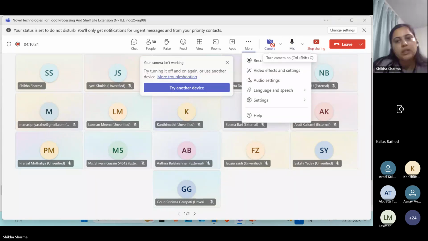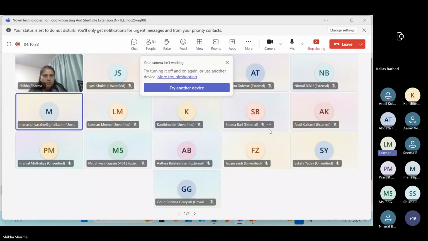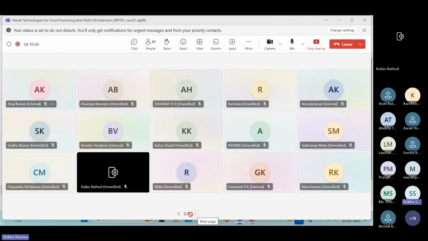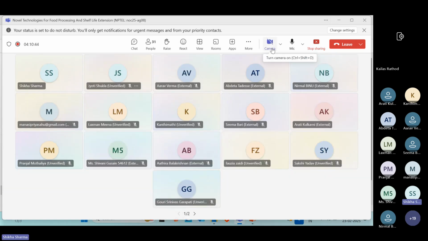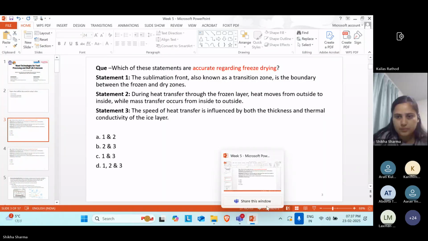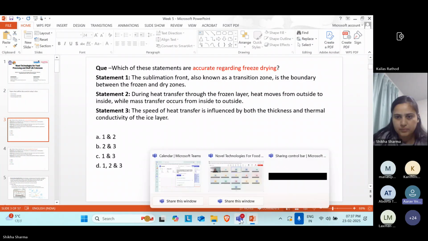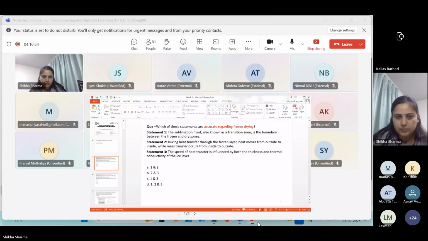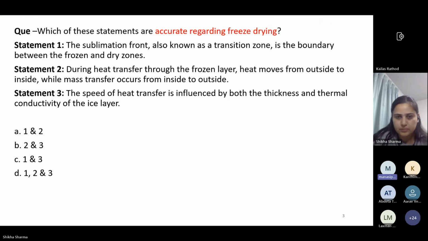Option 1 and 3 can be, ma'am. 1, 2, and 3. Today we have till now 31 students joined, right? All three are correct. Option D. Option C, ma'am. Option 1 and 2.